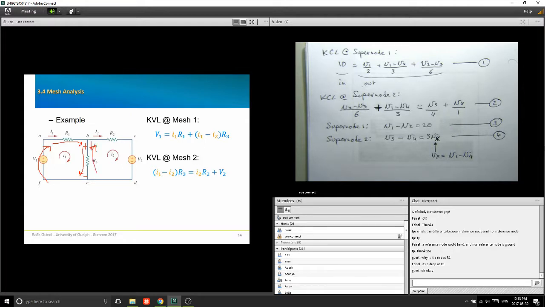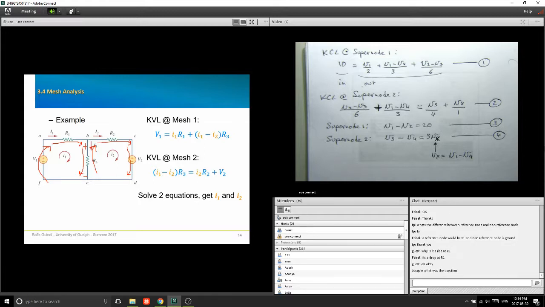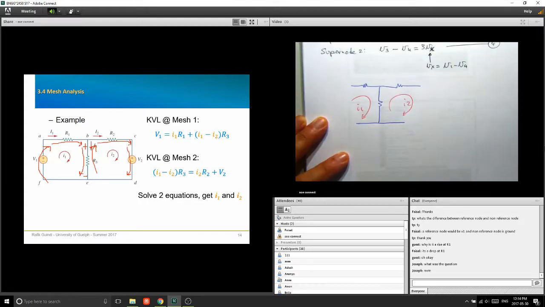That's the first part. The second part, from here to drop, which is equal to you get from these two equations and two unknowns. Okay.